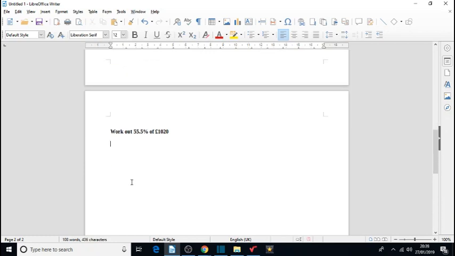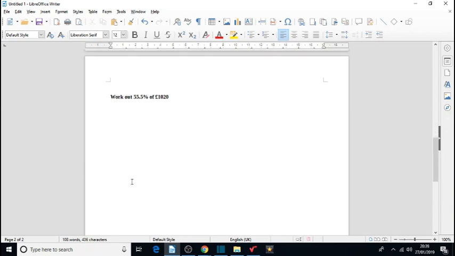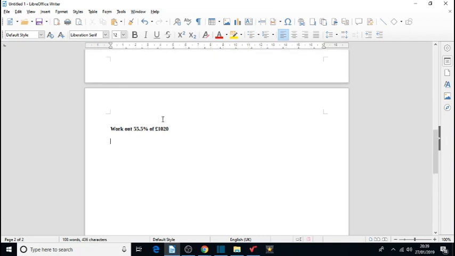And let's move on to the final question. Work out 55.5% of 1020. In this case, we can use the unitary method: work out what 1% of 1020 is, and then multiply that by 55.5. Or you can do the one sequence method. It's whatever way is quicker for you. So we're going to do the one sequence method.